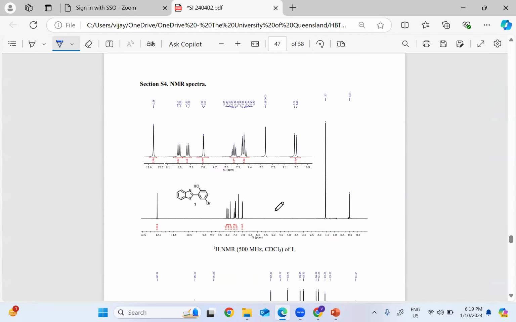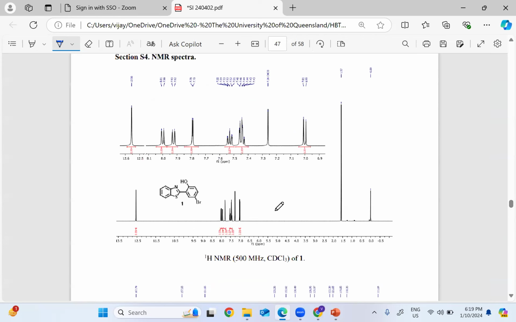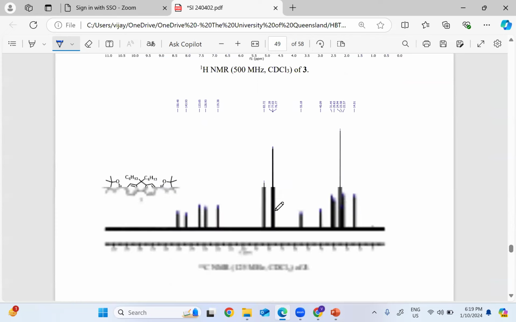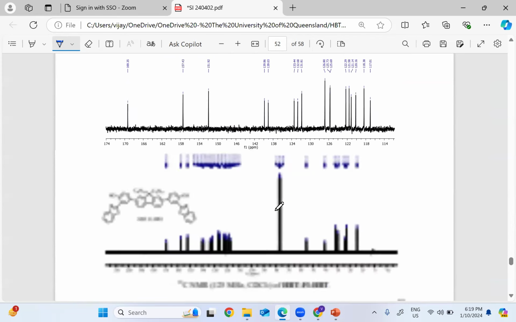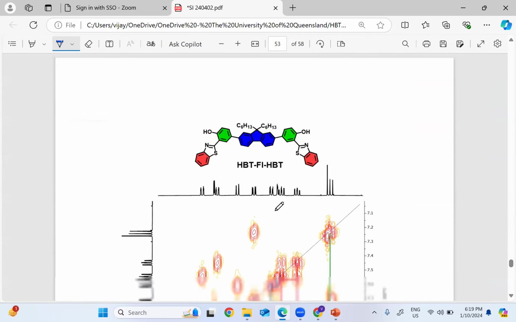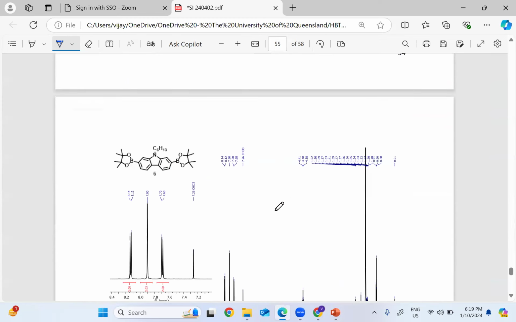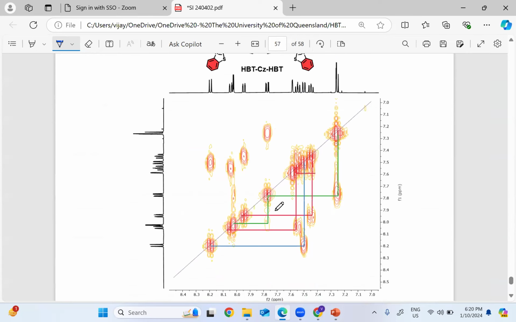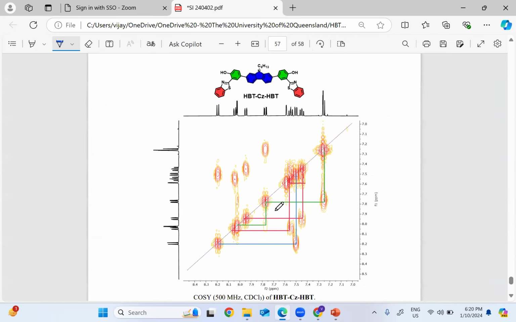So we need to get the 1H NMR spectra first. So let's take the simple molecule. I think for this one, I have not shown the 2D NMR spectra, but for whichever molecule is difficult to assign the signal of each and every proton, we can assign by using this 2D NMR spectra.